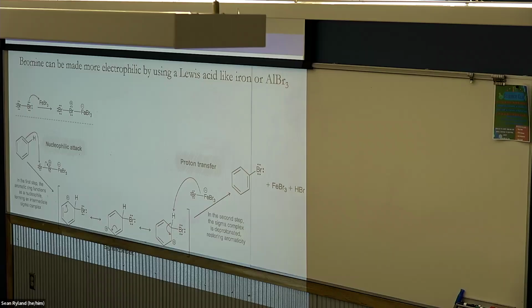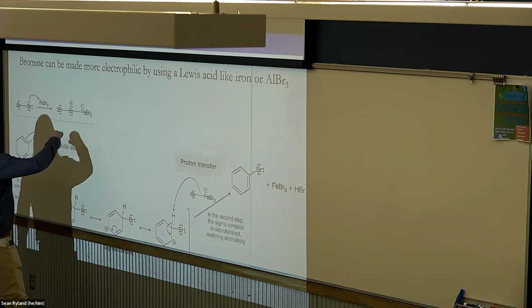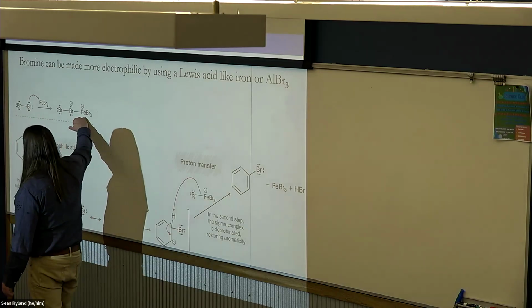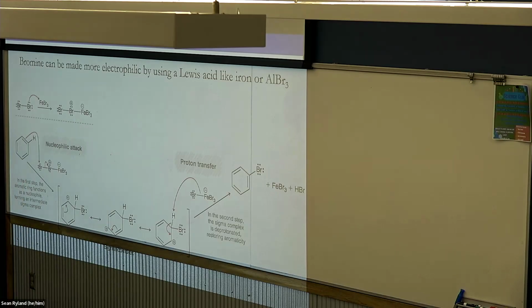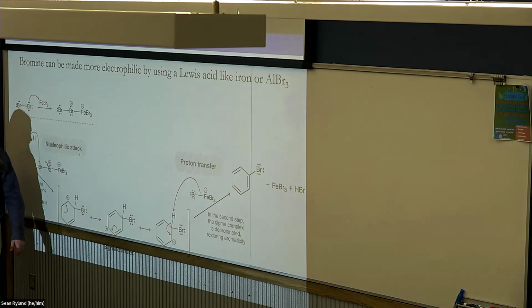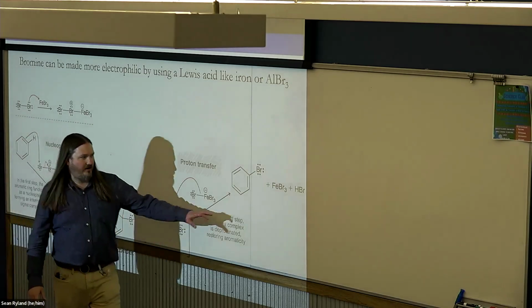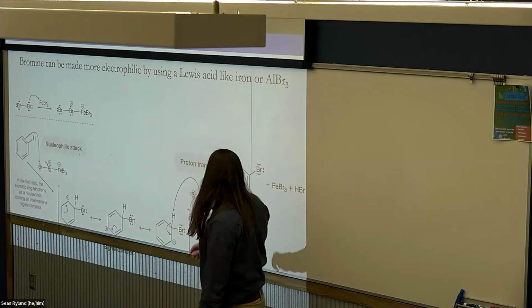In this case, because we made this FeBr4 anion, we've got something around that can act as a base. So the other bromine that was part of this Br2 at the beginning comes back off and turns into an HBr, and we get our FeBr3 back as a product. So we've regenerated our catalyst.